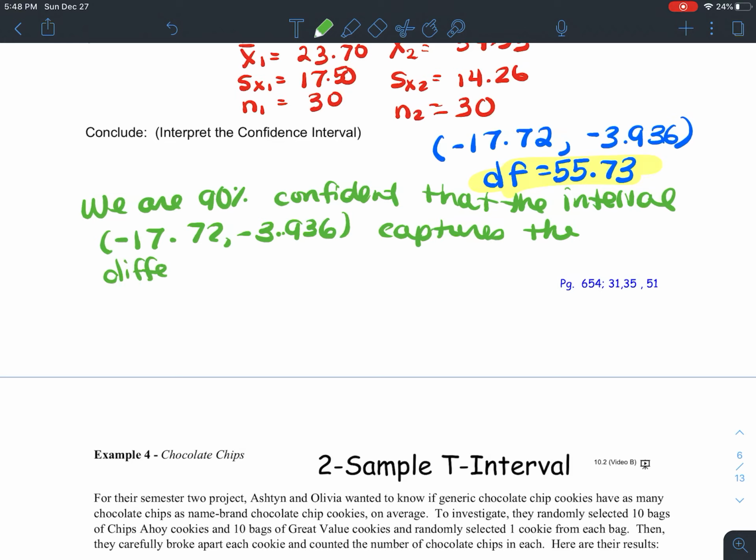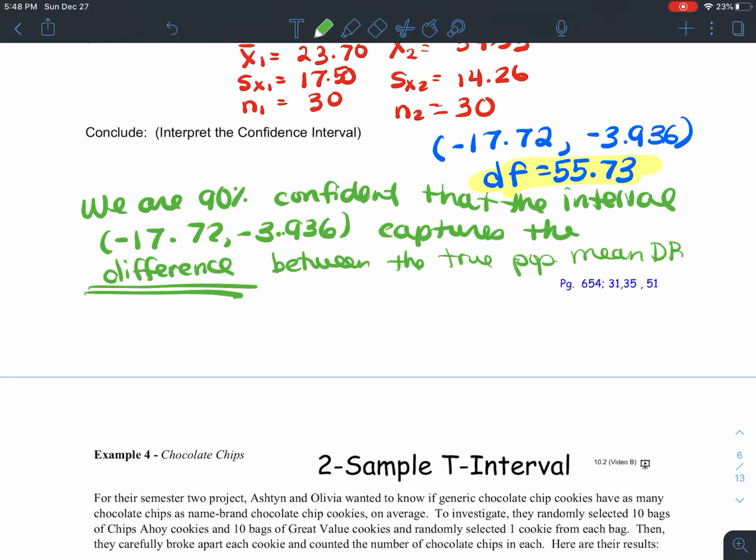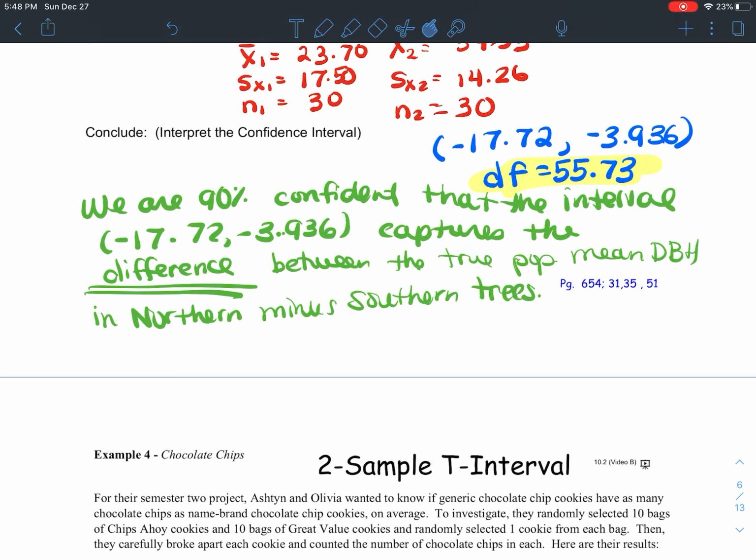So very important that you have this word difference. Captures the difference between the true population mean DBH in northern minus southern trees.